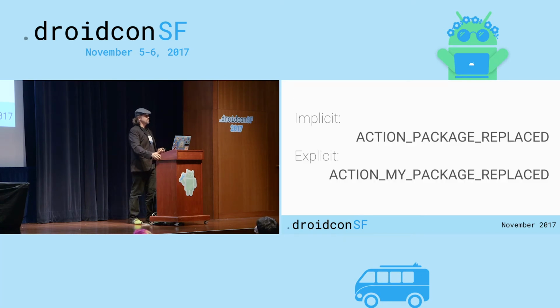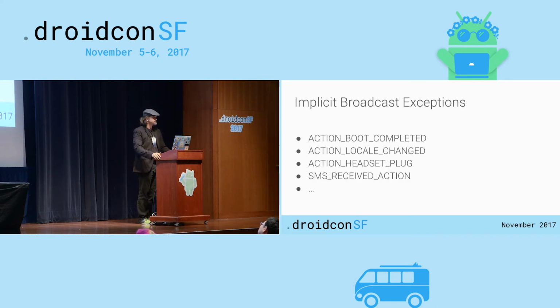There are some exceptions, quid pro quo, all these sorts of things. ACTION_PACKAGE_REPLACED will not be seen, but ACTION_MY_PACKAGE_REPLACED will, for those people who absolutely need to use this. But again, in many cases, some of the most critical broadcasts can be replaced by a JobScheduler job with appropriate constraints.